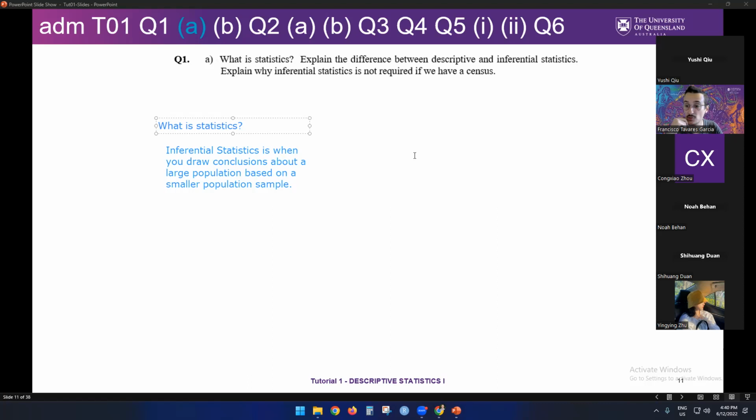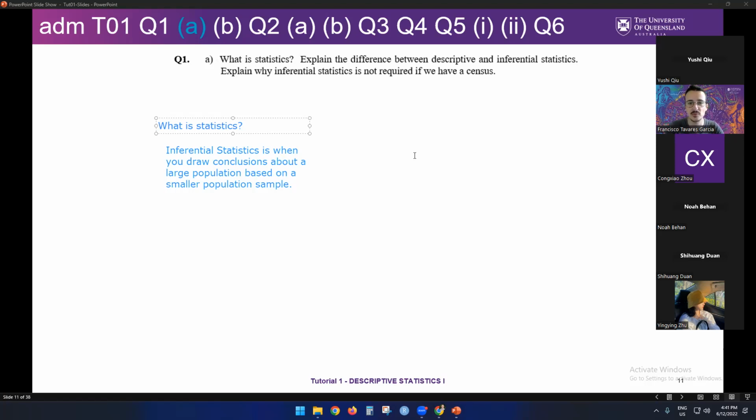Maybe, well, Noah, you're welcome to jump in if you would like to try the other one, or maybe explain why we don't need inferential statistics when we do a census. Yeah, sure. So census data is already collected on the population, so we don't need to actually grab a smaller sample to tell us about the larger population? Perfect. Excellent.